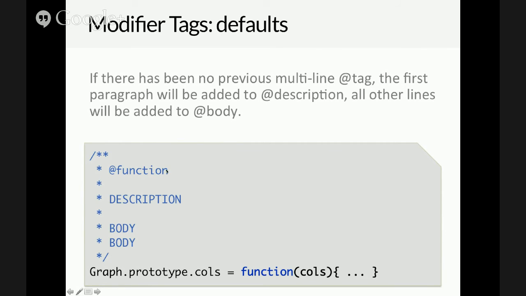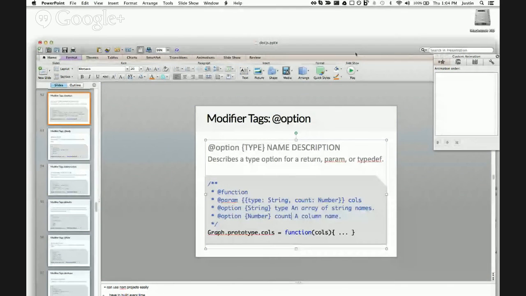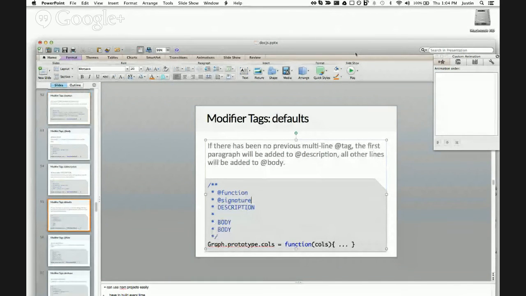So if I had a function like this, and I just had text after it, this text is going to be the description, and then this text will be part of the body. But to make this clear, if I were to add a signature here, then all of this becomes part of the signature's description, multi-line. The signature is a multi-line tag. Hopefully that makes sense.